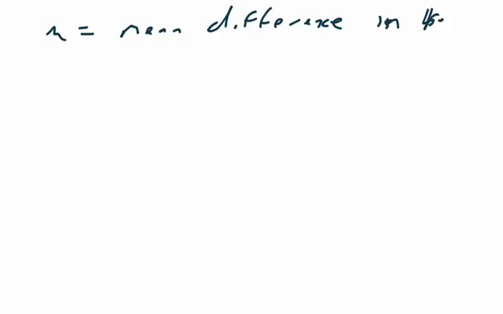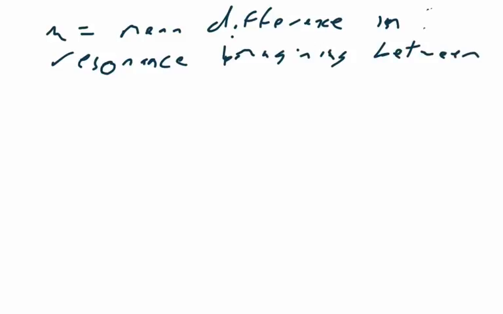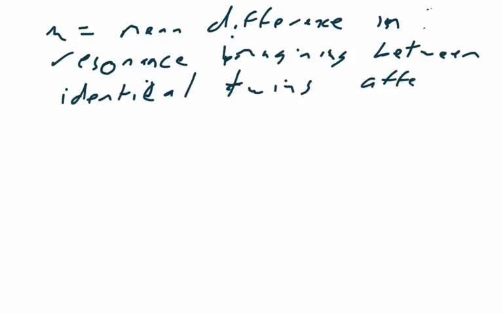Alright, so example number 4. For number 4, mu equals the mean difference in resonance brain imaging between identical twins, affected, unaffected, minus affected schizophrenics.